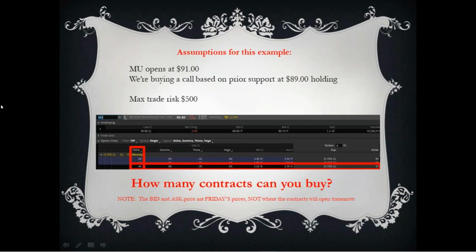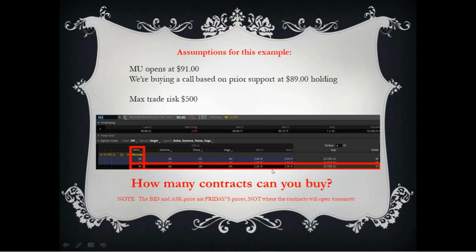Now, if you look at the bottom here, it says the bid and ask on Friday's prices. Okay, so this options chain is Friday. So these contracts right here, the bid 226, the ask 236, that's not where these contracts are going to open tomorrow. Again, we're just using an actual chart and an actual options chain to make it easier to visualize.